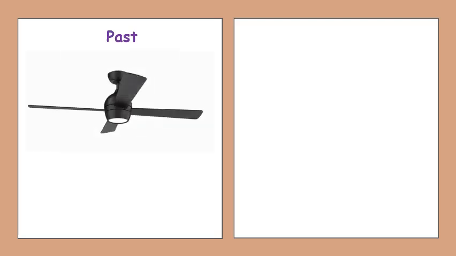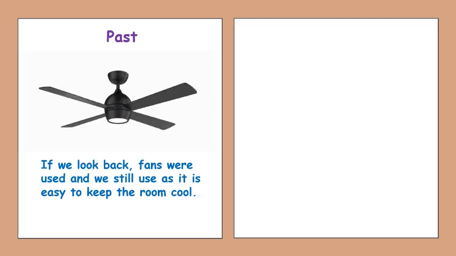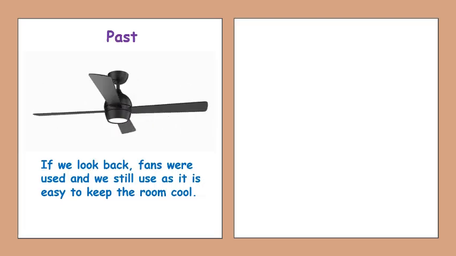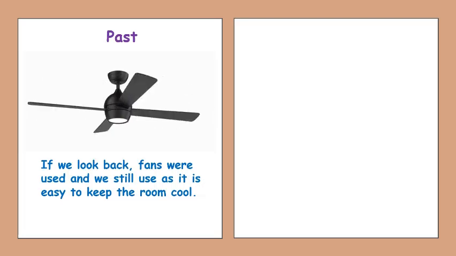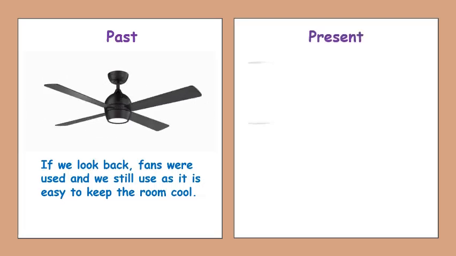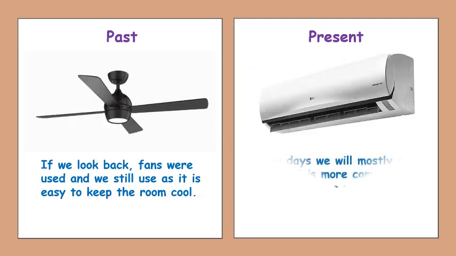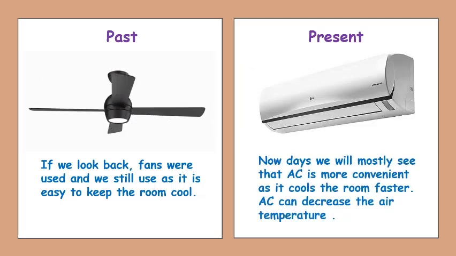Okay, children, so let's talk about the fan. If we look back, fans were used and we still use them as it is easy to keep the room cool. But if you take a survey, we can see that not all the houses have fans. But in present days, what do we have then? Yes, it is an air conditioner, AC.